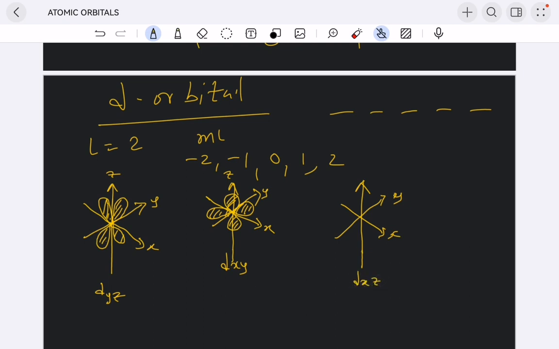So the dxz here, and then here. So those are the three. So we have the dyz, dxy, the dxz, then we're remaining with the dx squared minus y squared, then the dz squared.